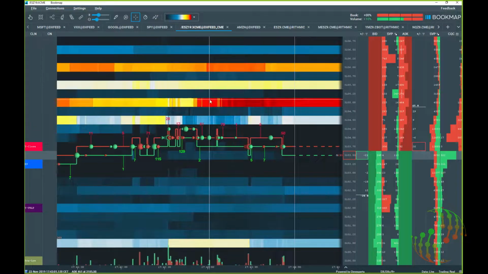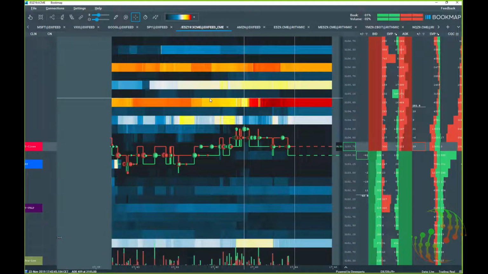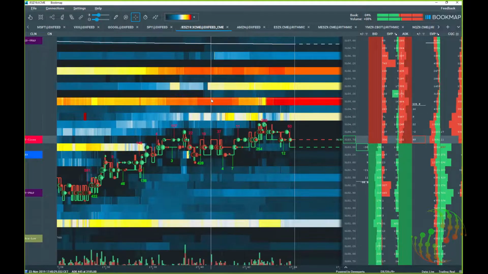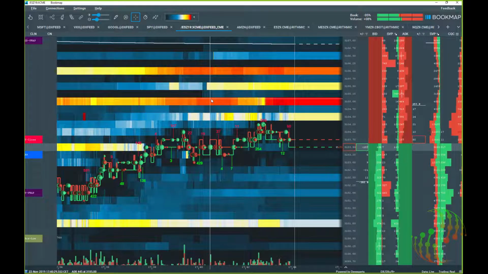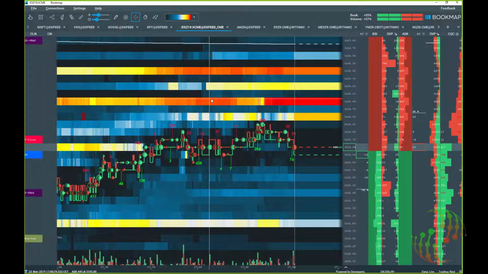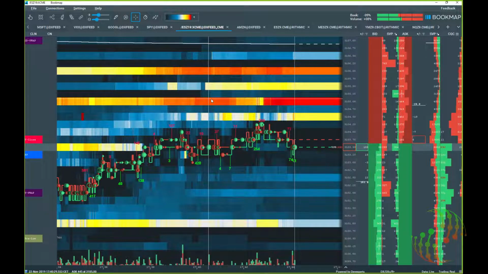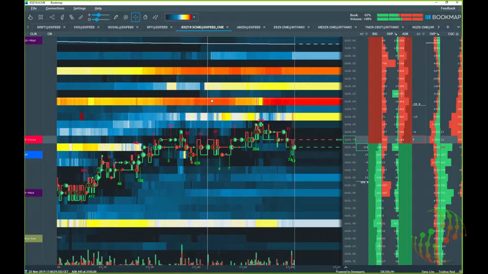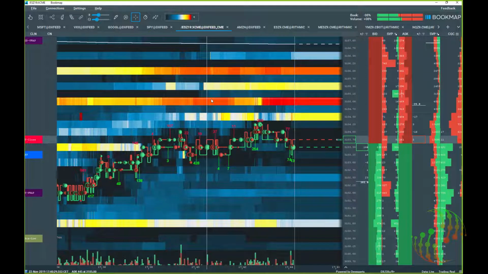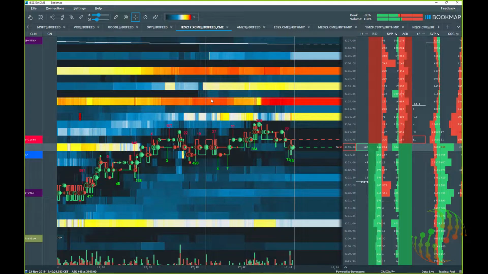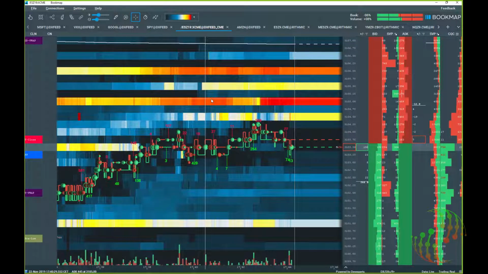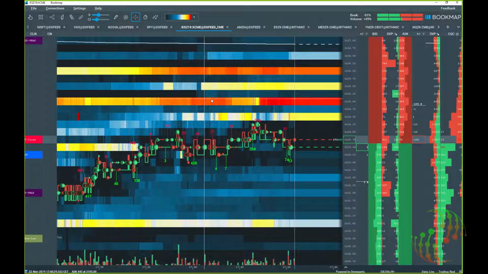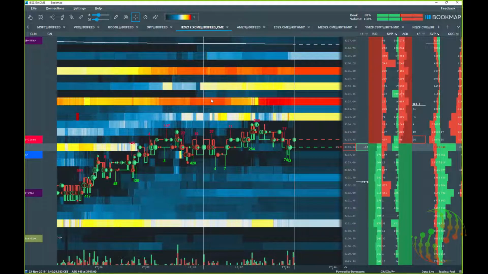It would be a great indicator, but anyway, I'm trying to show you the practical application of Bookmap trading, of limit order book trading, and to put all these pieces together to get a whole picture and a holistic view of the market.